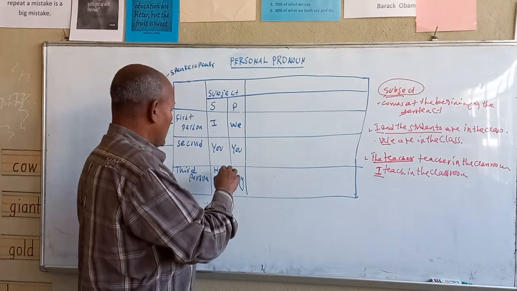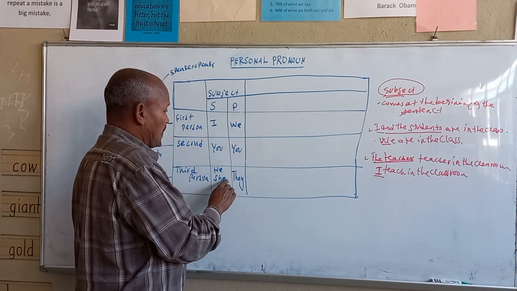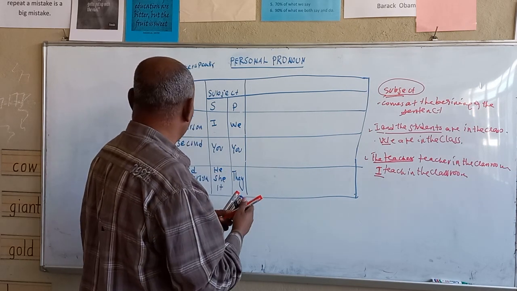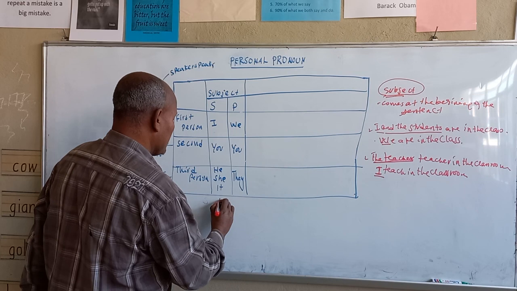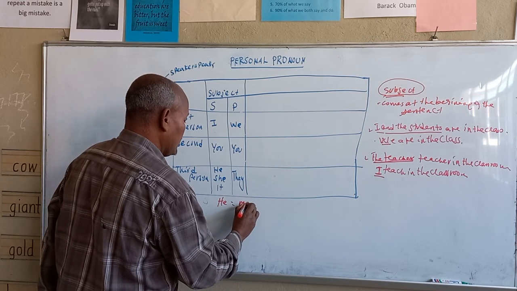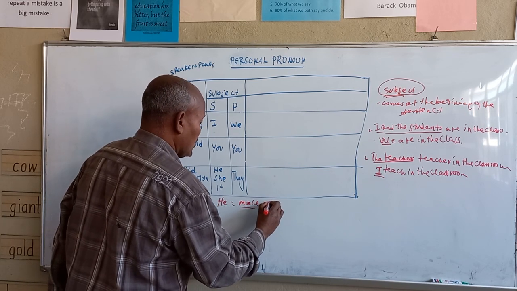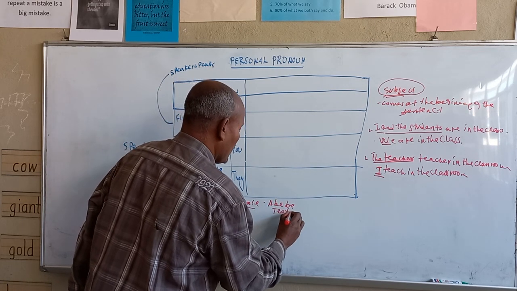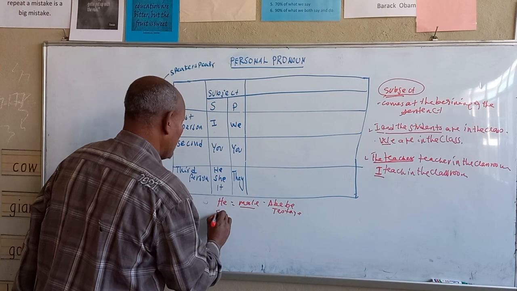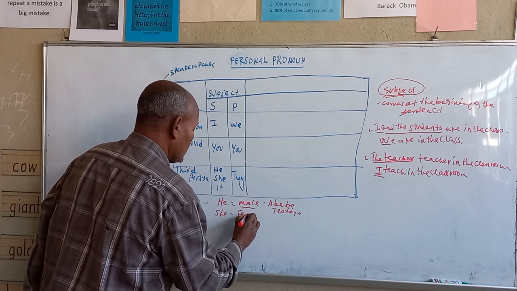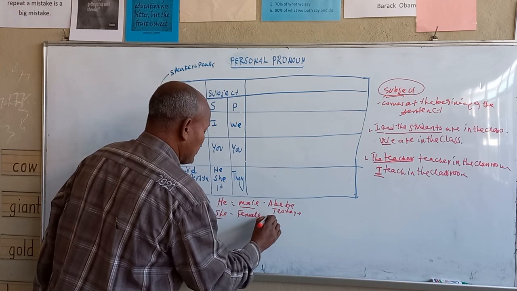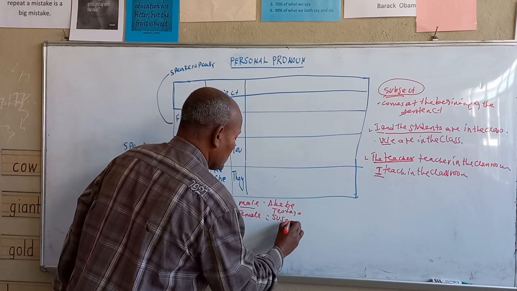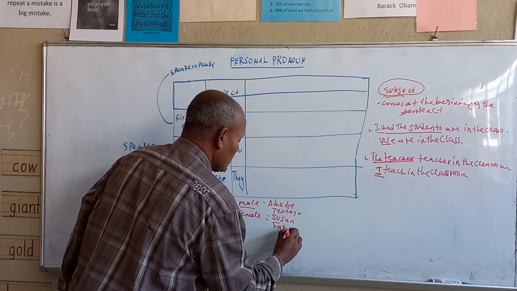Great. The other ones are he, she, and it. Here, he represents male, for example Abebe and Tasfai. And she represents female, for example Susan and Fatuma.